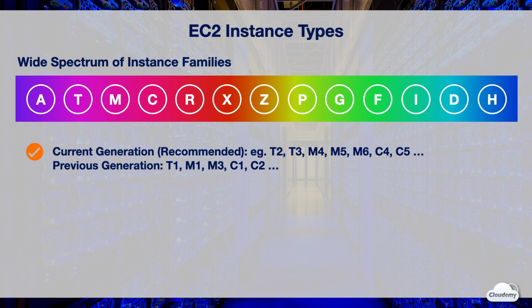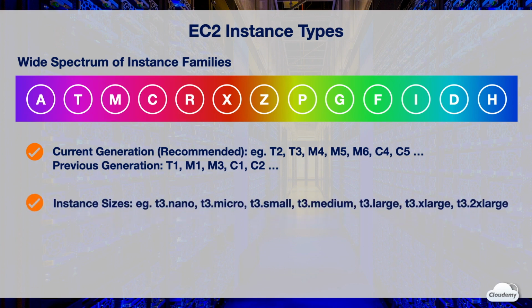AWS uses different letters for different instance types, and uses numbers for different generations. You might have heard of instances like T2 micro, T3 micro. The T family is a general purpose EC2 family. T3 instances are a newer generation than T2 instances. While AWS continues to support the previous generation, for the best performance, it's recommended to use current generation instances.